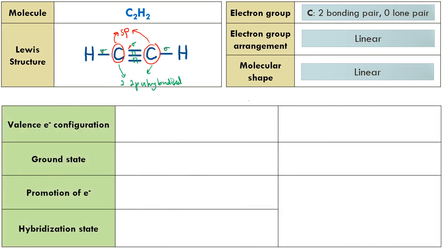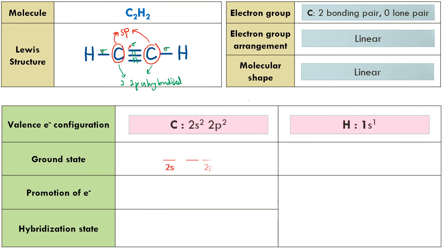Okay, so ini saya pergi laju saja. So, the valence electron configuration for carbon. Okay, so this is the ground state. Okay, kemudian promotion of electron. Okay, so since kita perlukan sp orbital saja, so kita akan pilih 1, 2, okay, sp orbital.